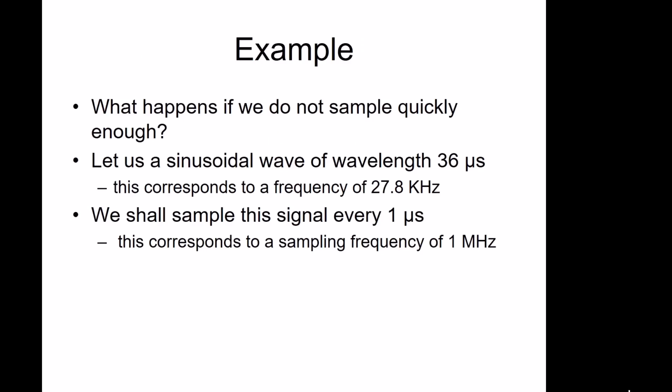So say we have a signal coming in at 27.8 kilohertz. That corresponds to a wavelength of 36 microseconds. And what we're going to do is sample this every 1 microsecond. So we're going to be taking 36 measurements per oscillation, and this corresponds to a sampling frequency of 1 megahertz. So our sampling frequency is a lot more than twice our actual frequency.